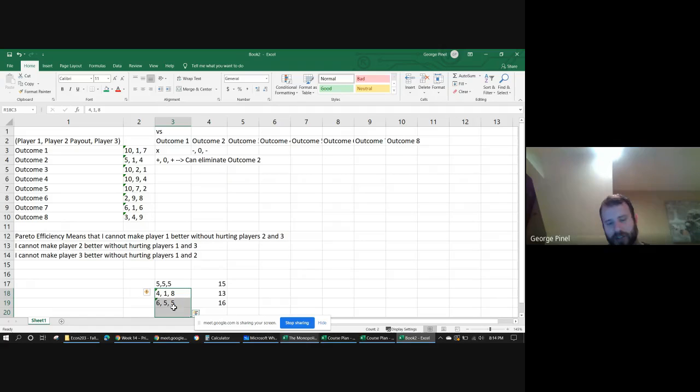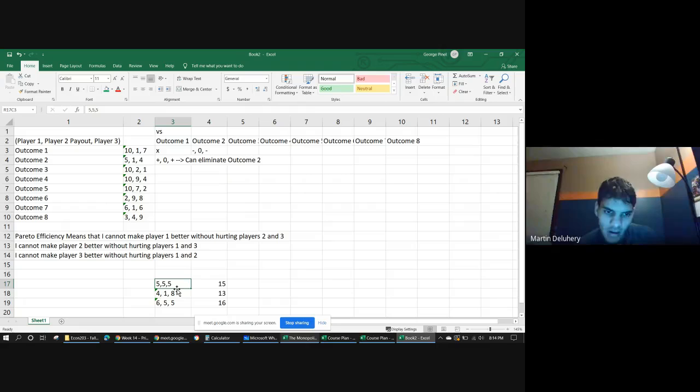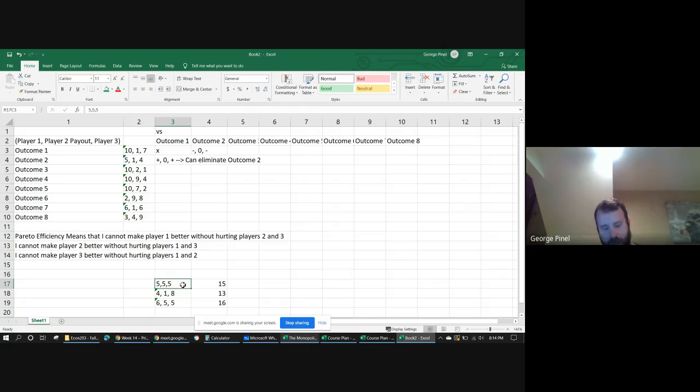And the reason is, even though this one has a higher sum than this one, it makes player 3 worse off. Player 3 is better in this scenario than in this scenario. Oh, okay. I see. But this one is not Pareto efficient because player 1 can do better without hurting players 2 or 3.